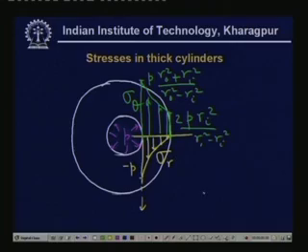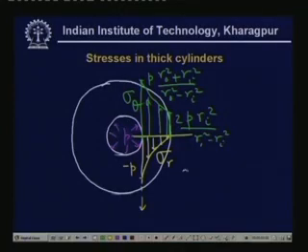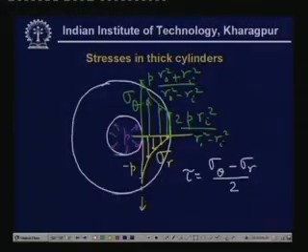Now knowing this, we can calculate the shear stress. As we see, it's a plane stress problem, so the shear stress is defined as tau equal to sigma theta minus sigma r divided by 2. This is the maximum shear stress. Now, the maximum shear stress at this location will definitely be this minus this one divided by 2, that is sigma r.